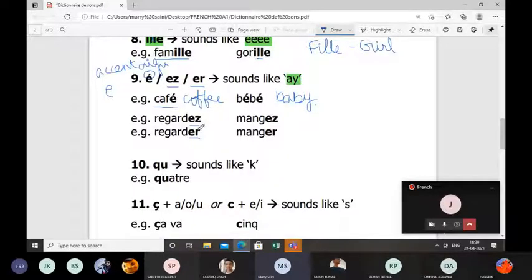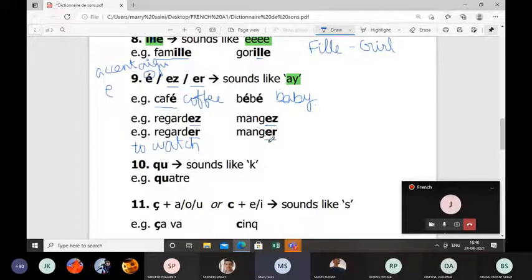Both times the sound is the same. Regarder means to watch. It's a verb. Similarly, here you are having "manger". Manger is also ending with ER. So the "ay" sound will be there.